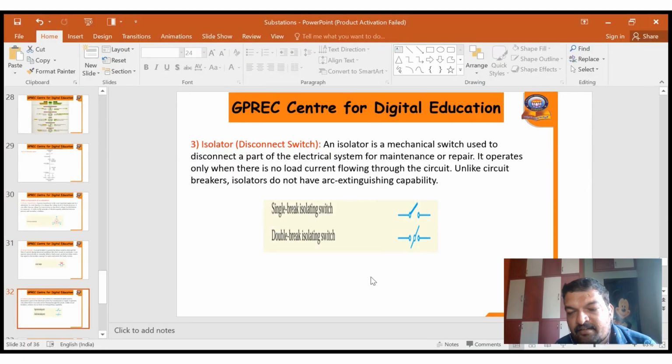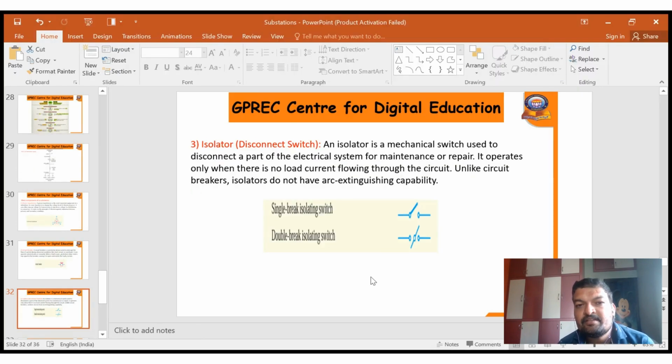The third one is the isolator, also called a disconnect switch. An isolator is a mechanical switch used to disconnect a part of the electrical system for maintenance or repair. The name says that it isolates. It disconnects a section where a fault occurs, or for repair, separating that part of the electrical system.